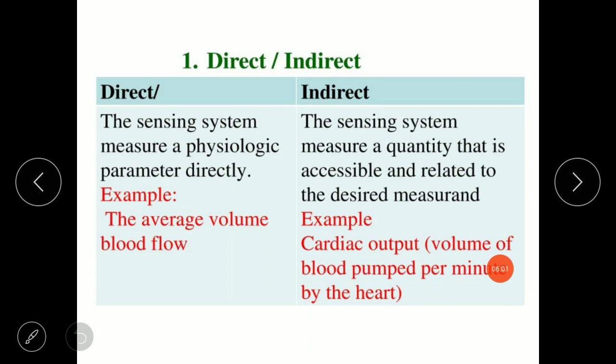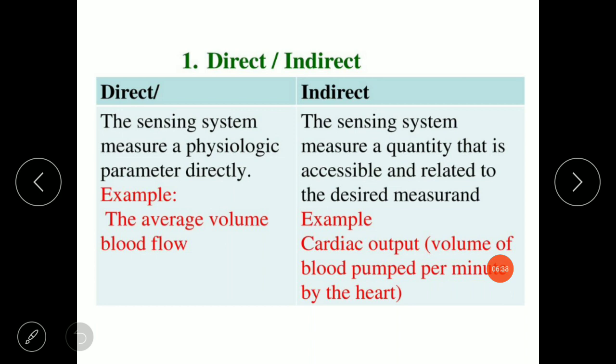What I am trying to say is that an ECG recording at the body surface is related to the propagation of electric signals in the heart, but it's not a direct measurement of the propagation waveform. You might find this a little confusing because you do not know about ECG yet. I'll be discussing this when I cover the cardiovascular system and measurement techniques, where you will study more clearly about ECG recording and what it represents.